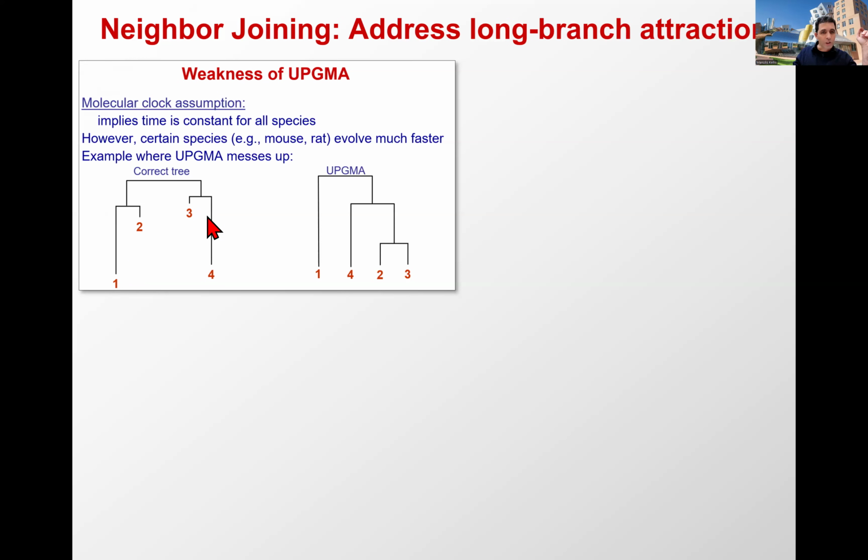So if the correct tree looks like this, what's UPGMA going to do? It's going to assume that they were generated by a clock. And therefore it's going to say, oh, well, 2 and 3 are clearly the first ones I should merge because they're the closest. And their midpoint is exactly in between them. And then the next one is going to be, I don't know, 4. And I'm going to group that there, etc. So UPGMA is basically guaranteed to have the wrong tree if there are some branches that are shorter and some branches that are long. So far, so good?